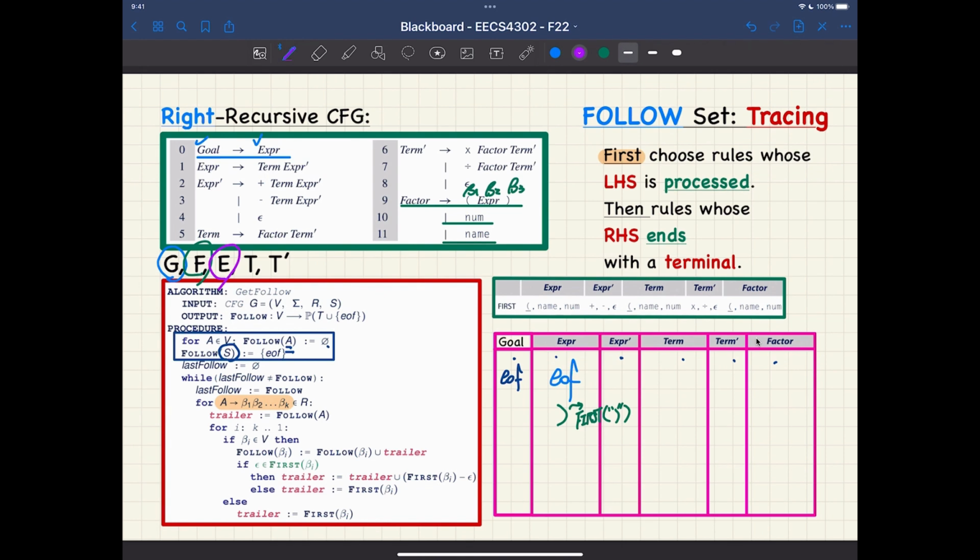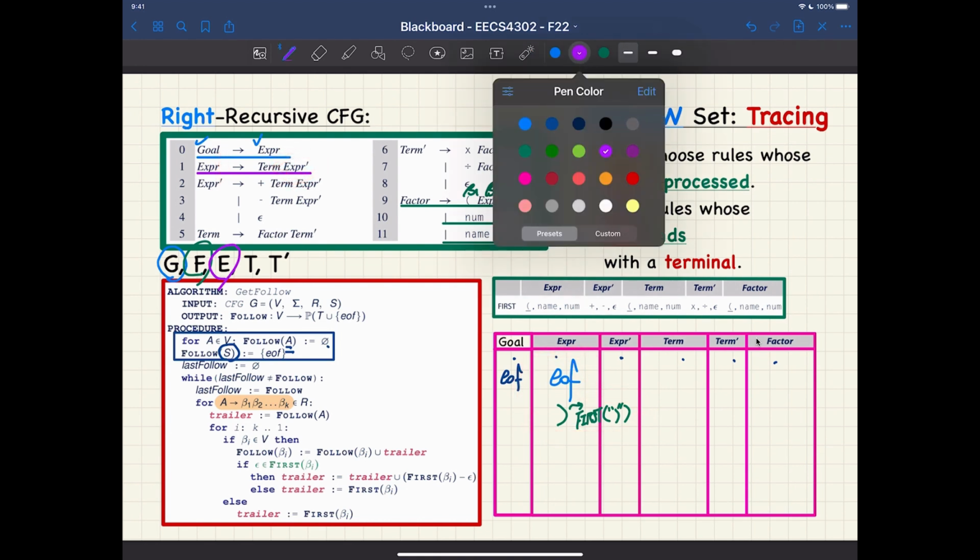One thing to note, potentially we may have to update the follow entry for expression prime and also term. Expression prime, the rightmost component should be the follow of expression. We know the follow of expression already over here. Just copy that.